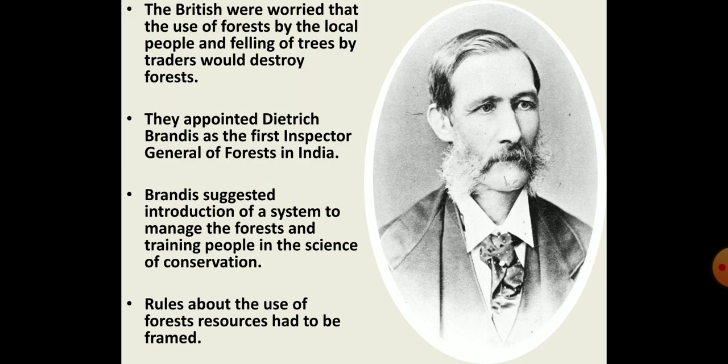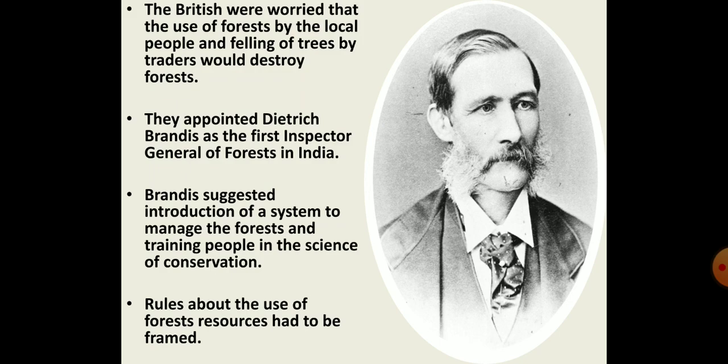By now, we have understood that the British needed and used forests for their various requirements. Now they started worrying that the local people and traders would destroy the forests. So they appointed Dietrich Brandis, a German expert, as the first Inspector General of Forests in India.